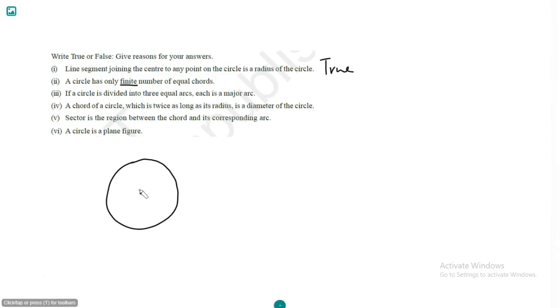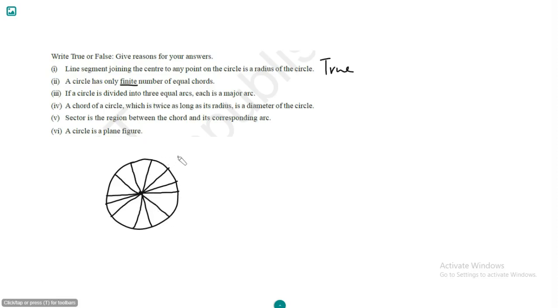Just for the sake of convenience, let's draw a diameter, right? How many diameters can you draw? You can keep drawing as many diameters as you want, right? You just need to draw a line segment passing through the center of the circle. And you can keep on drawing as many diameters as you like. So there's no fixed number of diameters.